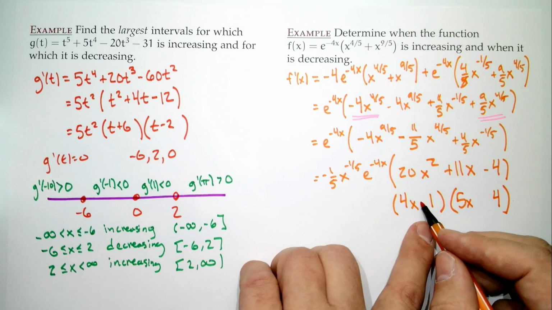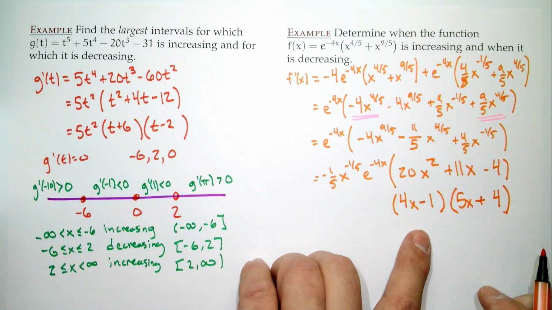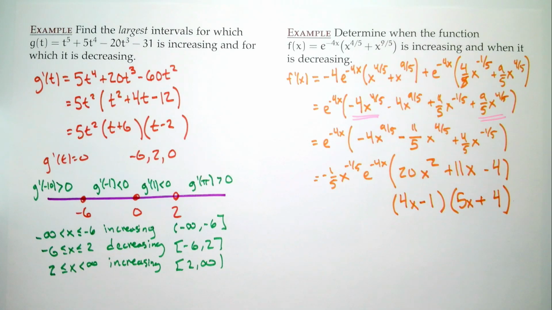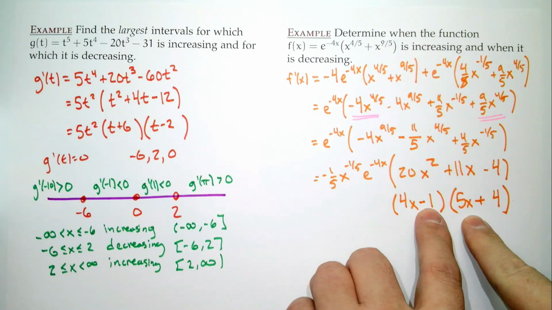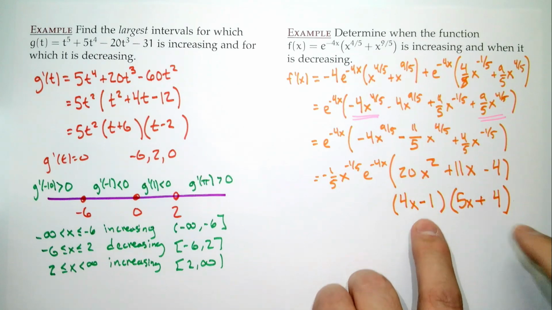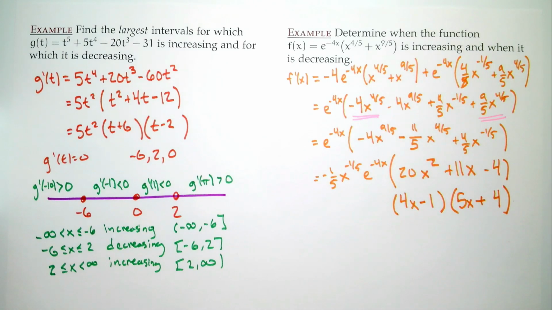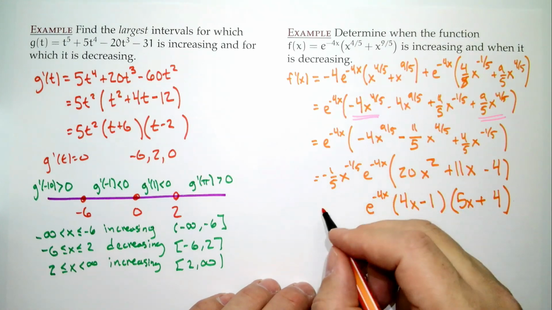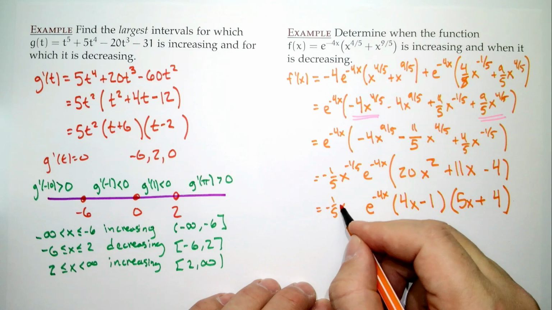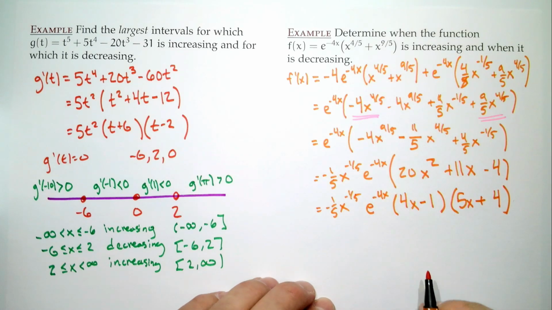I'd have to subtract the 5 and add the 16 in order to make it work. Does that work? 20x squared plus 16x minus 5x is plus 11x. Wow. That's cool. Factoring continues to be a great tool. Okay. You're a little bit more skeptical though.